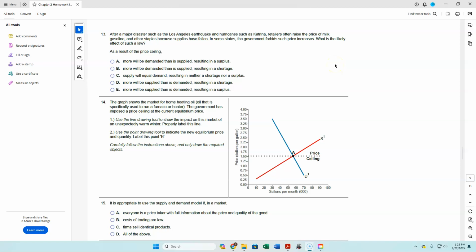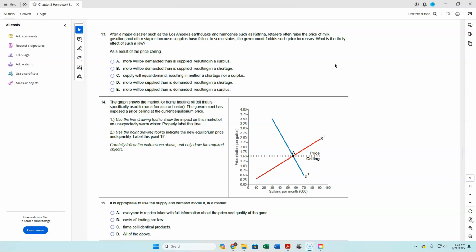Now, these are all sort of definitional, or at least 13 is sort of definitional, so I'm hoping I don't have to add too much to this here. But the idea is that, again, as heartless as it sounds, if you have a disaster, the politicians will step in and say that we need a price ceiling.